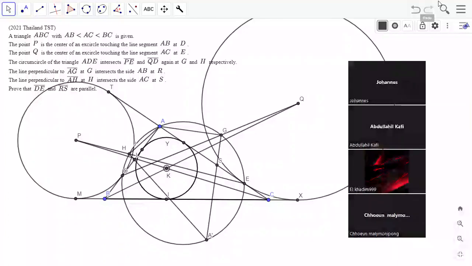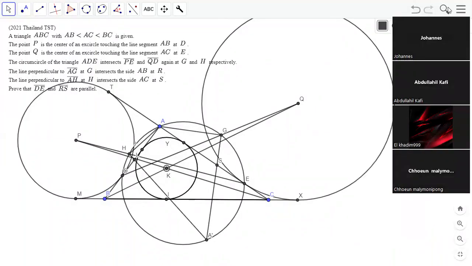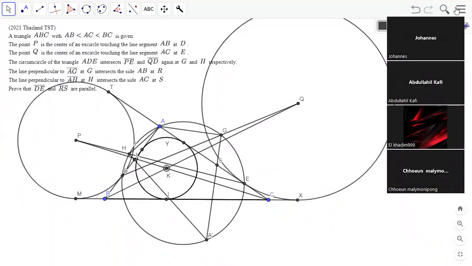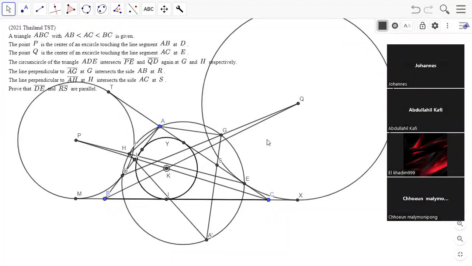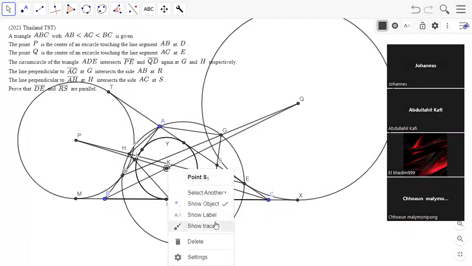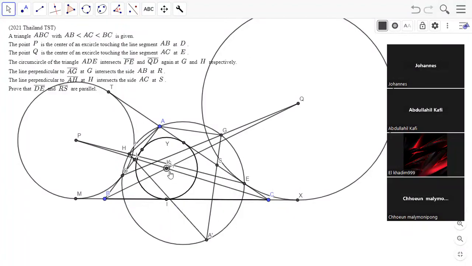I get this to be, there we go. So I'm going to hide the K label.